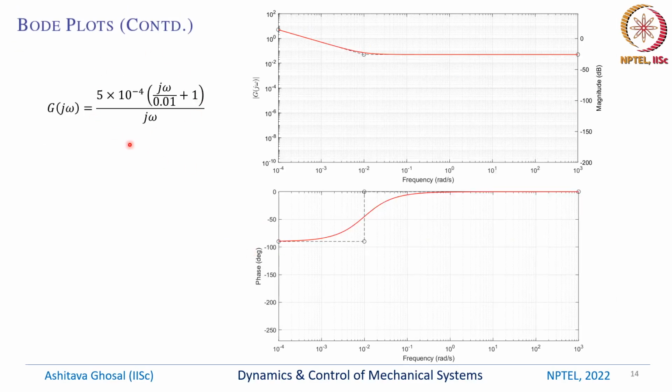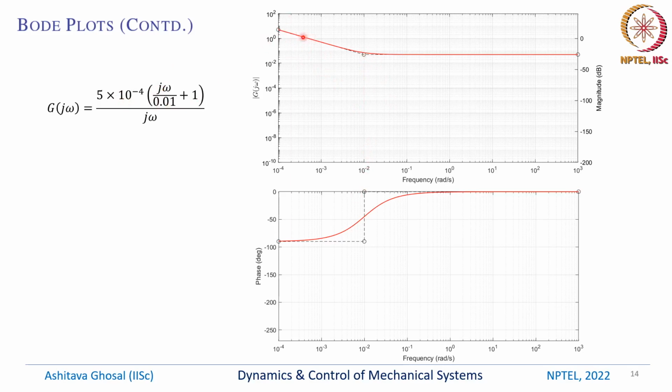We can next look at the effect of the first order term. We plot G of j omega, which is now 5 into 10 to the minus 4 divided by j omega as earlier, together with what is happening due to this first order term, j omega divided by 0.01 plus 1. You can see we have a corner frequency or breakpoint at this point.